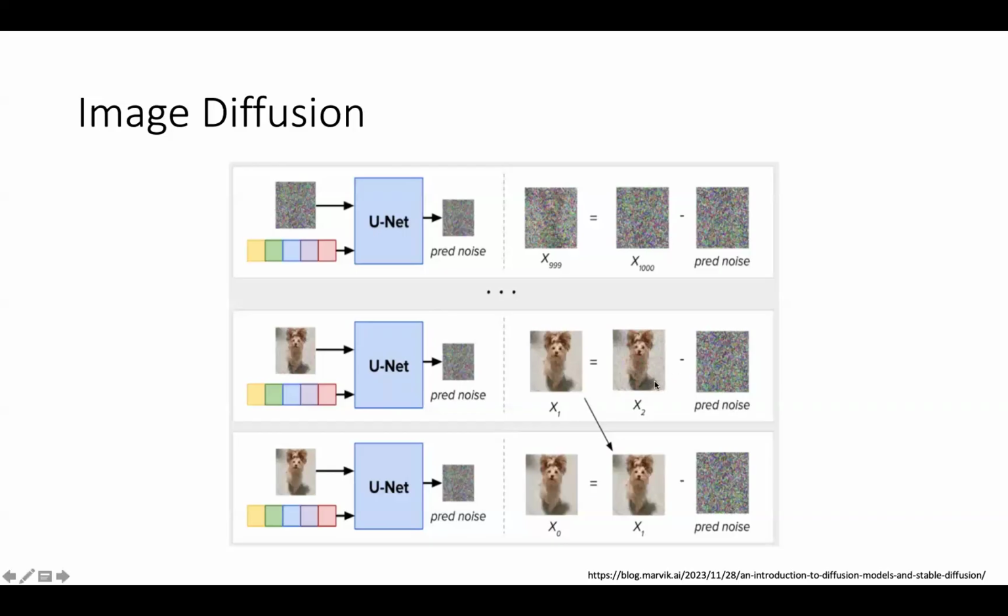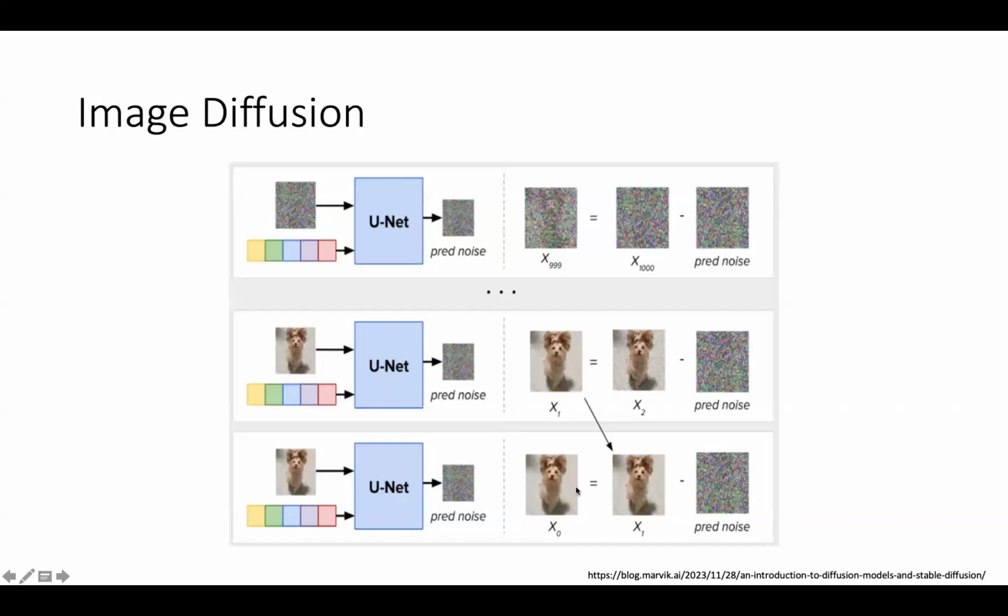So let's say here we have x2 as an input, and then we try to denoise this x2. We predicted the noise that x2 could have, and we subtracted it from x2 to get x1. And finally, in the last step, we take this x1 as an input, and we predicted the noise that x1 has, and we subtracted it from x1 to get x0.